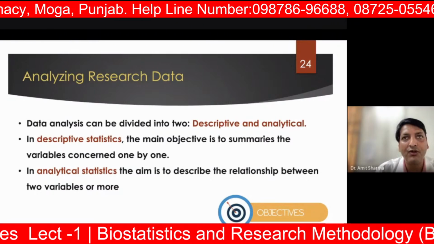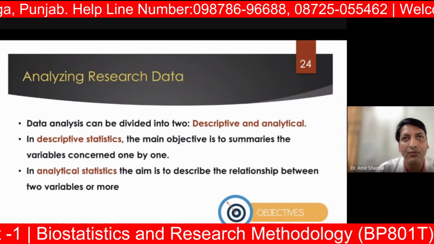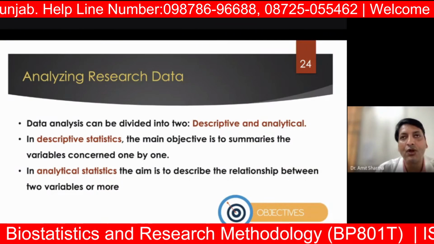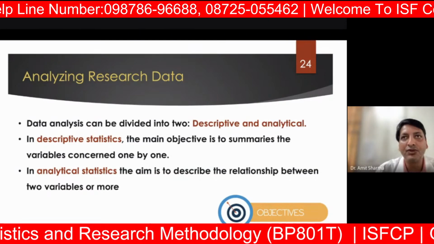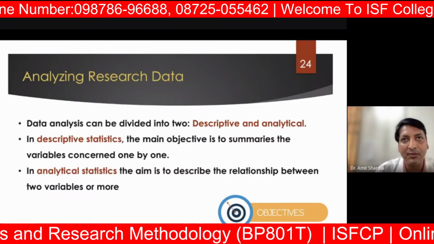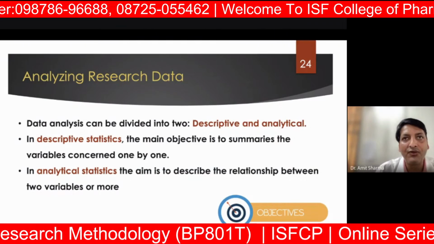So how are you going to find out? Obviously, you are going to give these three drugs to patients who are suffering from hypertension, and you are going to record the systolic blood pressure and diastolic blood pressure of the patient. So the systolic and diastolic blood pressure readings will be called the dependent variable of your study.